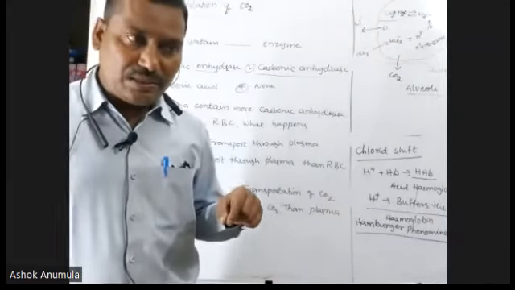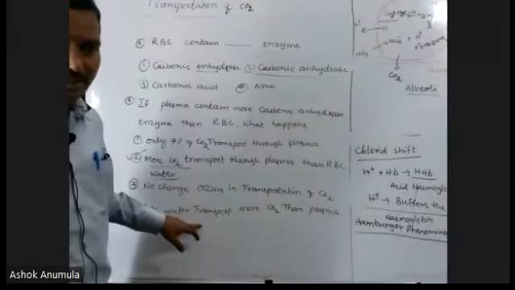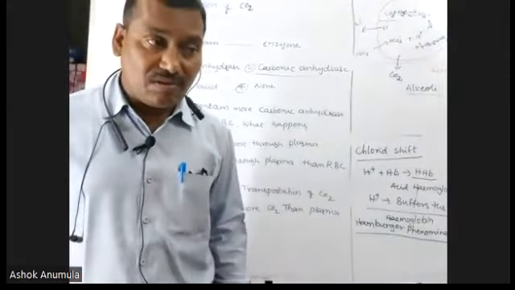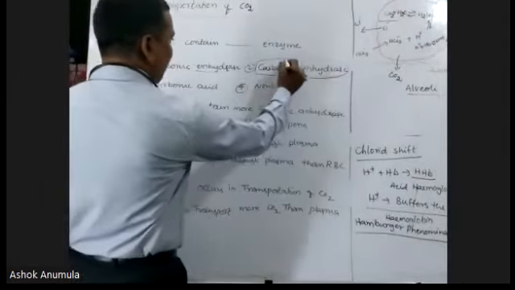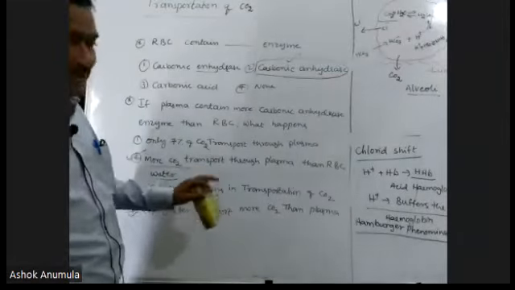In bicarbonate state also the carbon dioxide combines with water which is present in RBC, but 70% of carbon dioxide is transported through this bicarbonate method. Why? Because RBC contains which enzyme? Just now we discussed: carbonic anhydrase enzyme. Due to the presence of carbonic anhydrase enzyme, more carbon dioxide is transported through the water present in RBC.